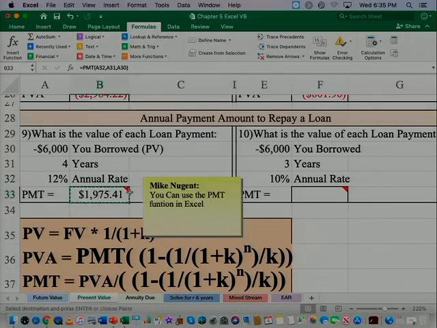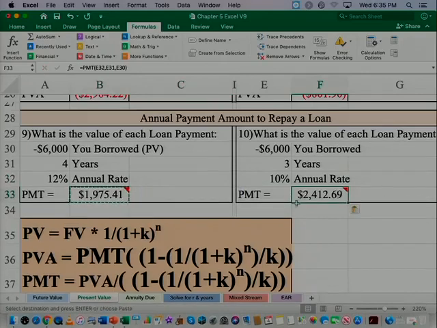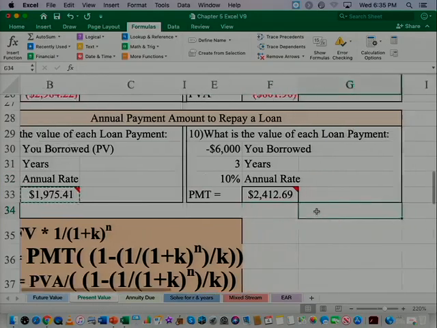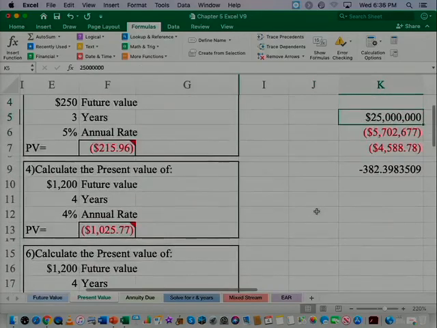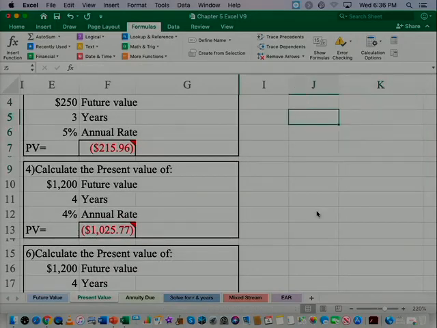Okay, so here is the answer. This is $6,000 for 3 years at 10%, $2,400 a year, because it's only 3 years. But that's not really realistic because auto companies don't lend like that. So let's do an example where you're going to buy a new car.